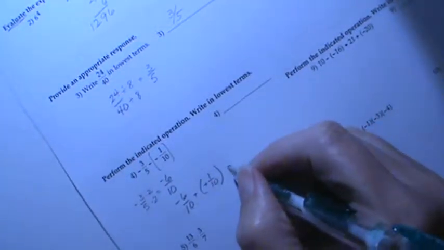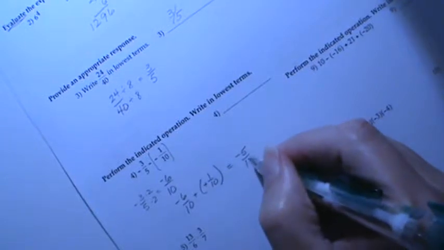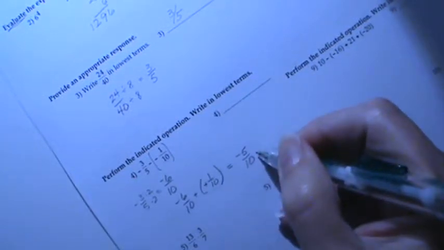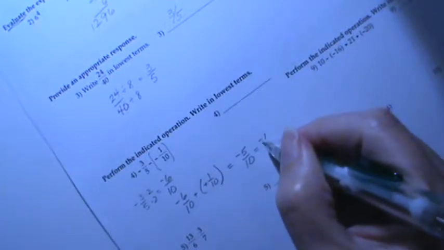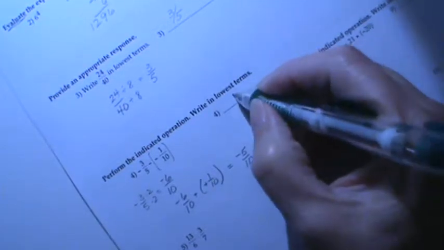So we get 10 below, and we would get -6 above. So we have -6/10 minus a -1/10. The minus and the minus would become a plus. So we have -6 plus 1 would be -5. And that reduces. We have -5/10. That's going to reduce to -1/2.